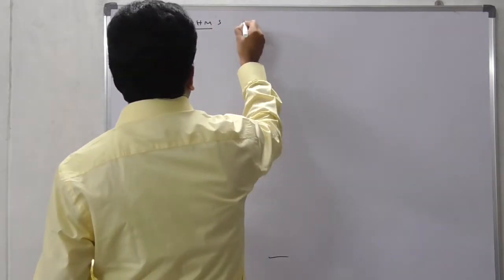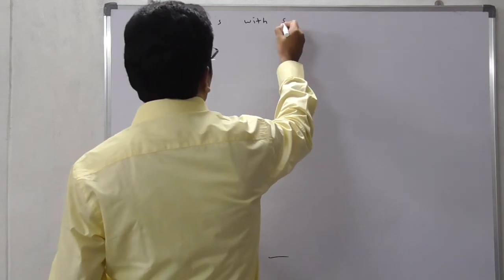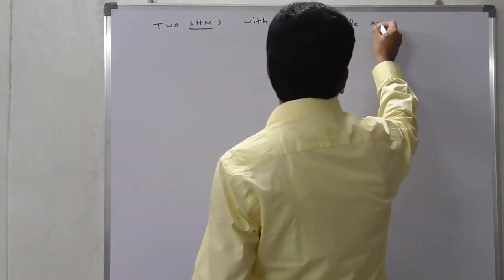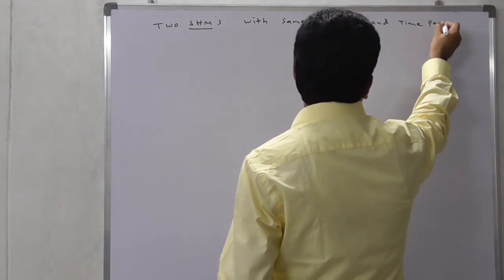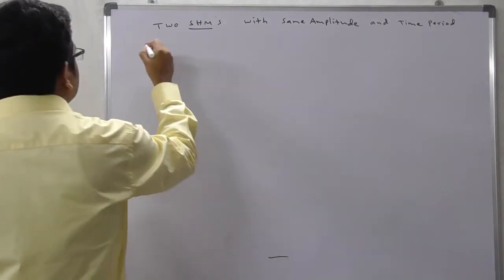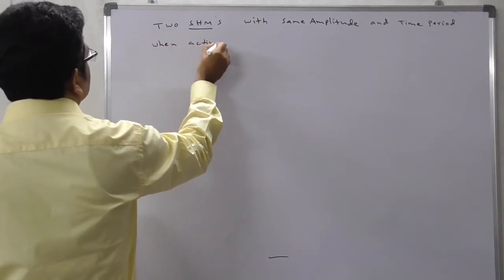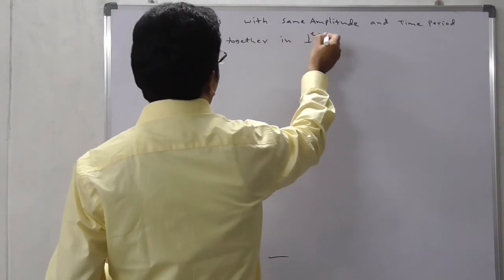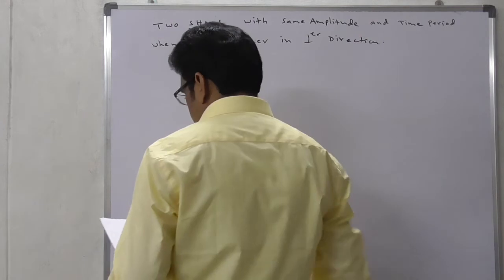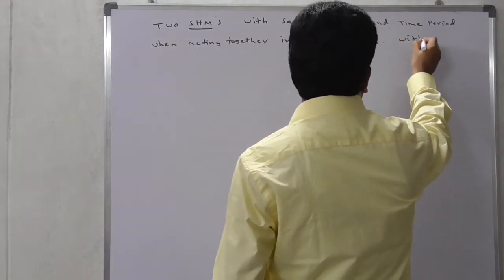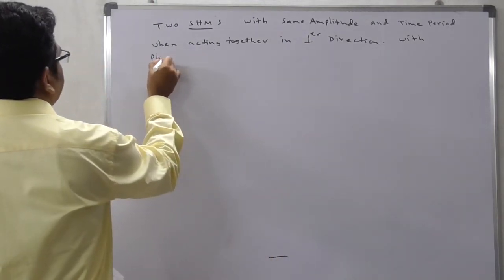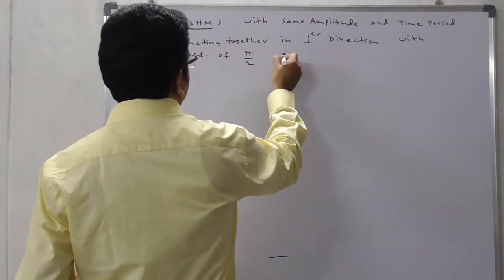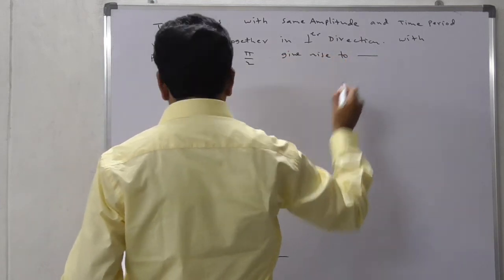Two SHMs with same amplitude and time period, when acting together in perpendicular direction with phase difference of pi by 2, then they give rise to what? This is the question.